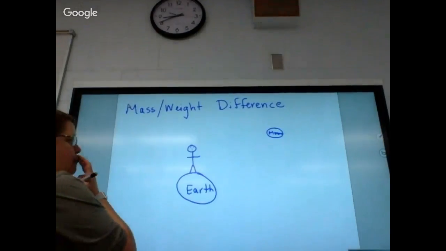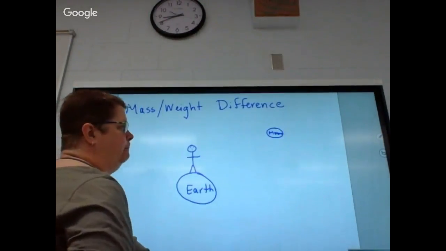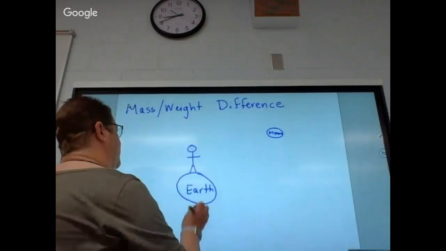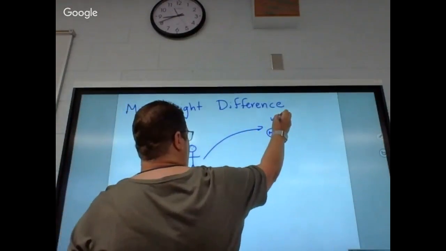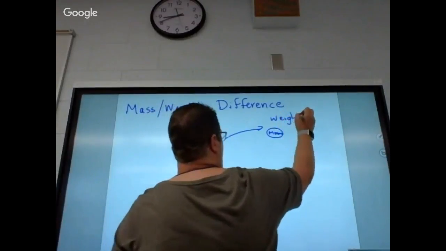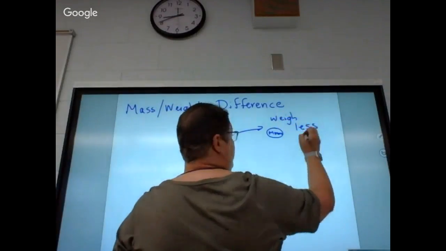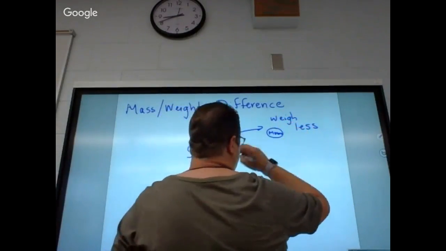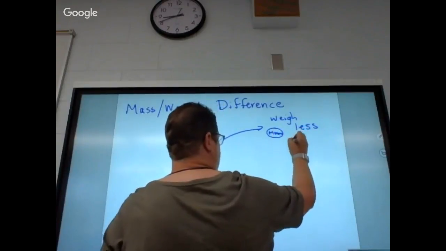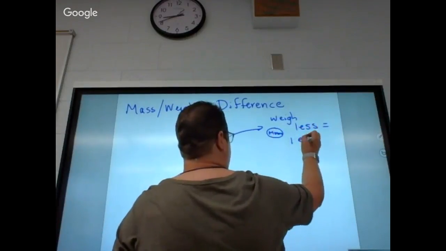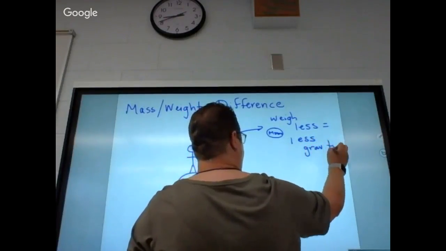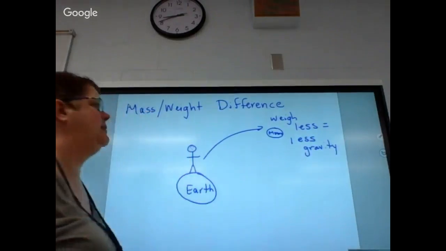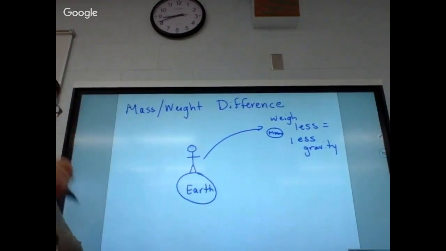If I go to the moon, what's going to happen? Why am I going to get lighter? I'm going to weigh less, and y'all can tell me it's because there's less gravity. That's very good. Now, tell me about my mass. Stays the same.